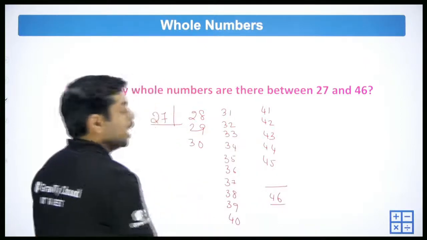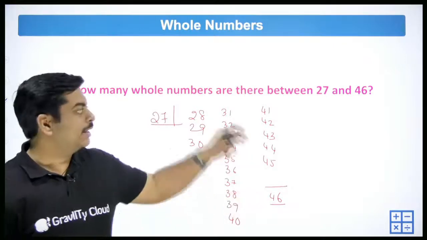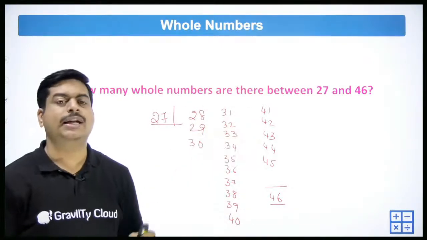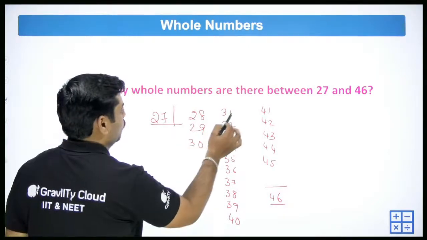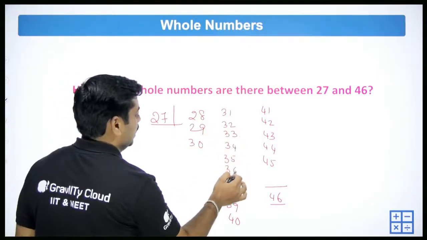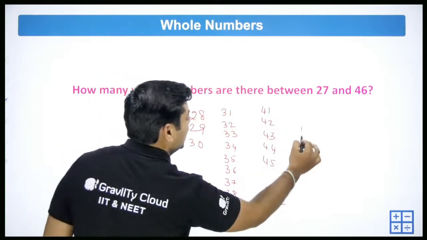Now the question is, how many whole numbers are there in between them? We are not including 27 and 46, but how many numbers are there in between? So that is 1, 2, 3, 4, 5, 6, 7, 8, 9, 10, 11, 12, 13, 14, 15, 16, 17, 18. 18 numbers are there.